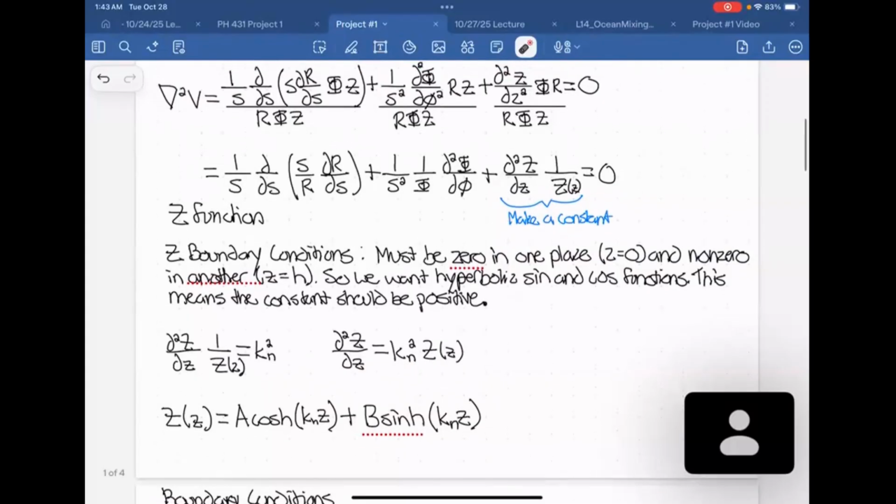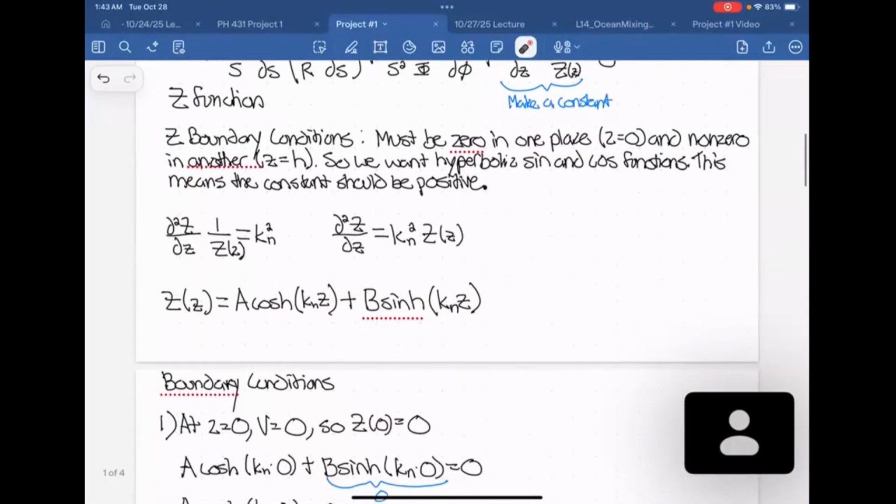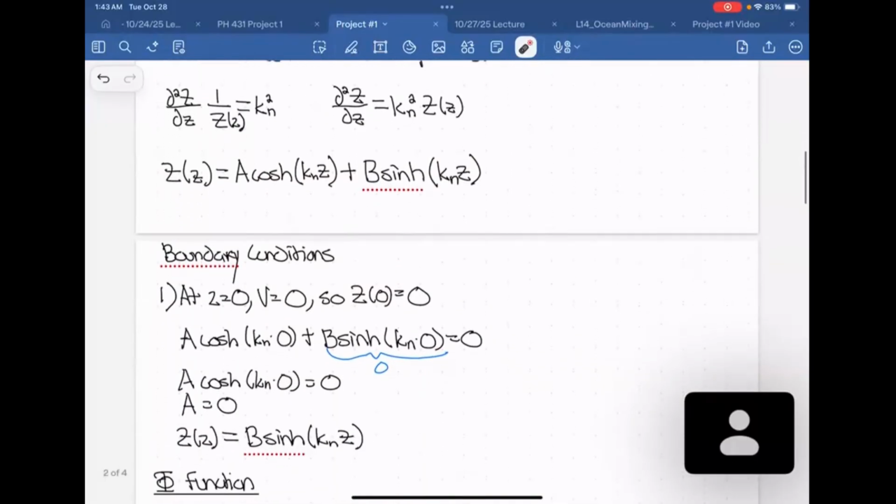Okay, the next thing we're going to do is take the z function and plug in our hyperbolic cosine and sine like this. So we have a hyperbolic cosine k sub n z plus b hyperbolic sine k sub n times z. And we're going to look again at our boundary conditions.